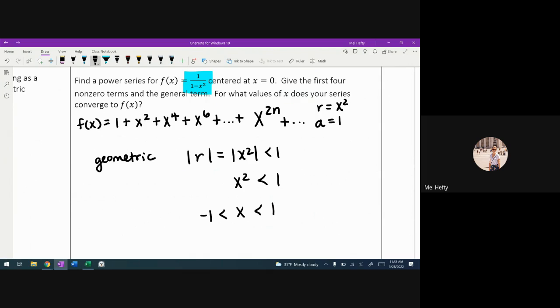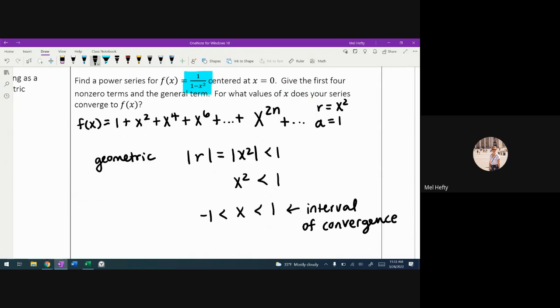Perfect. All right, so this would be our interval of convergence. And because we got our knowledge from a geometric series, we don't have to test our endpoints. Both of them would just diverge. But because we're making it off of geometric, we can get around that.